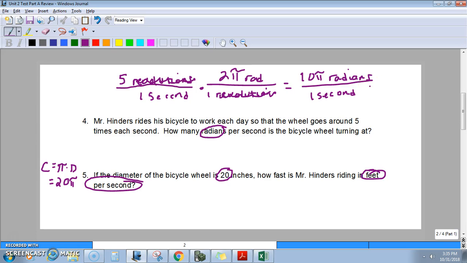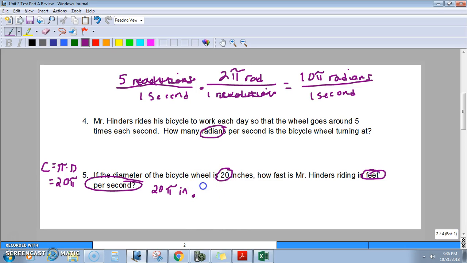Oh, why was I saying we need to change feet per second? What was I thinking of? Oh, we need to change his bicycle from inches to feet, but we'll do that in the middle of our dimensional analysis. So what we have is 20 pi inches, and if we want to convert it, we're going to multiply it by, we want feet, right?